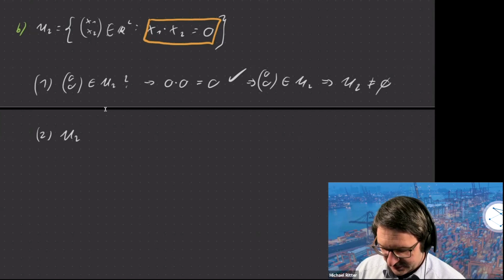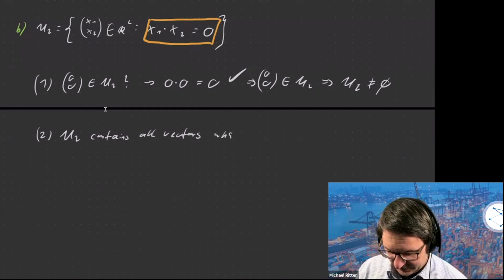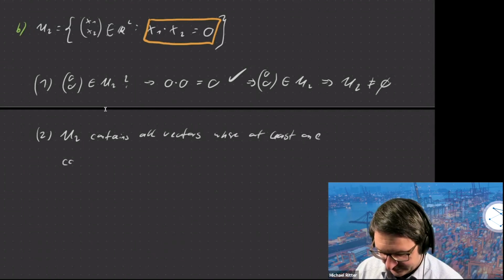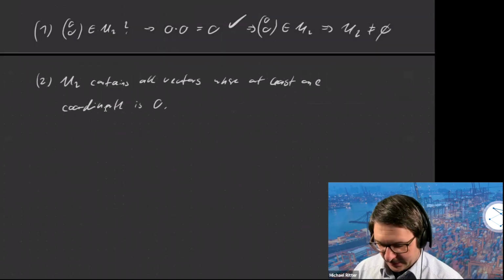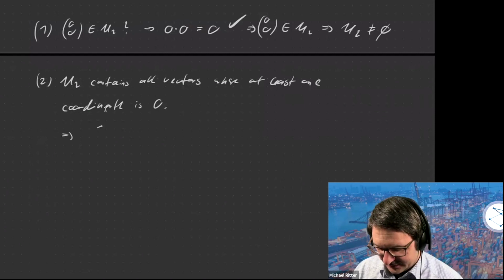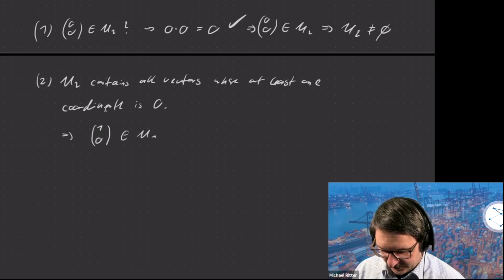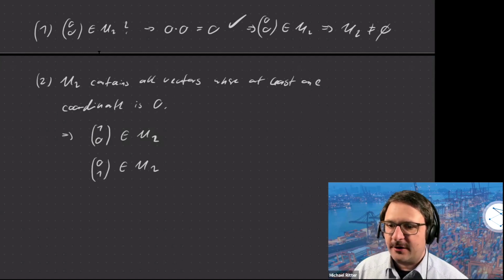So U2 contains all vectors where at least one coordinate is 0. In particular, that means it contains the vector 1, 0, and it also contains the vector 0, 1. So those two are contained in U2.